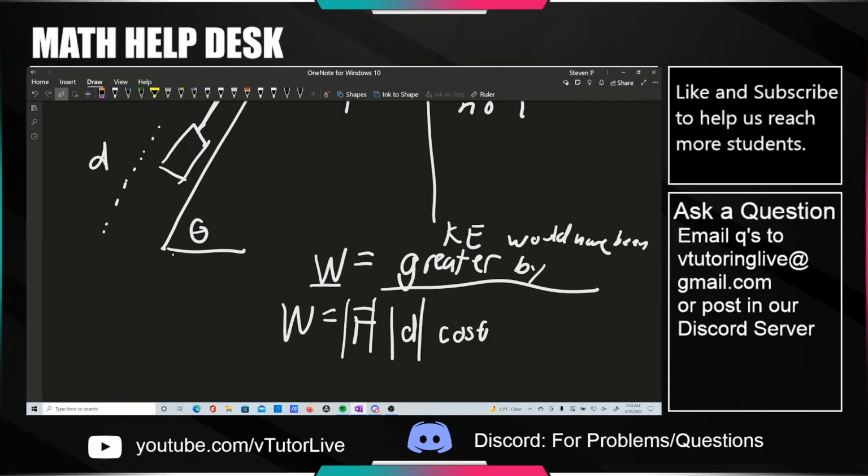Let's see. If I'm not mistaken, I think the angle for this problem is kind of a red herring, right? I think all you really need to do is figure out what force times displacement is, and the rest of the information doesn't matter so much.